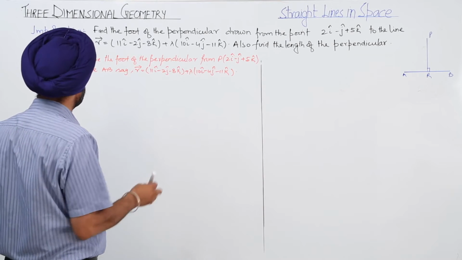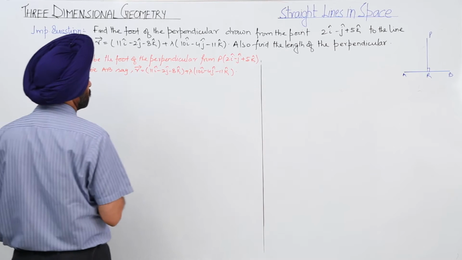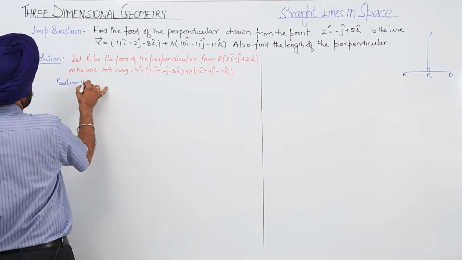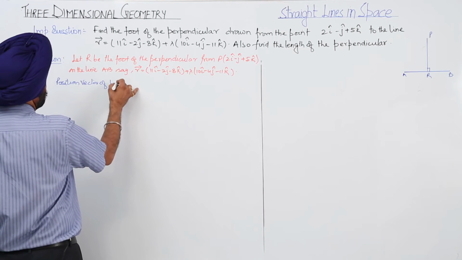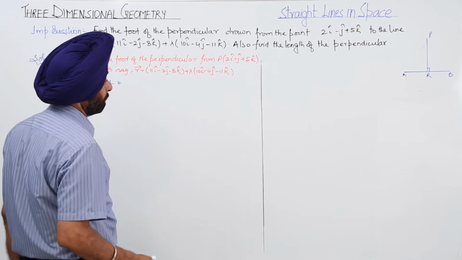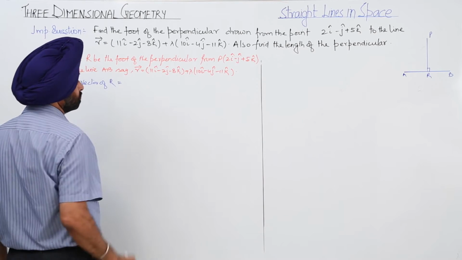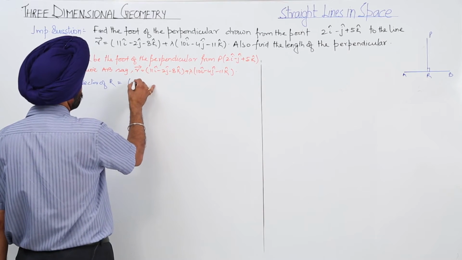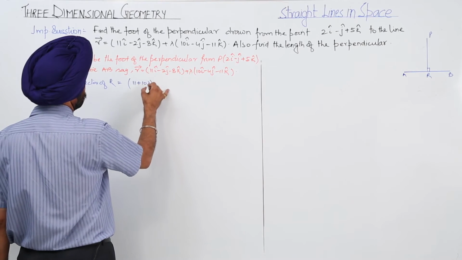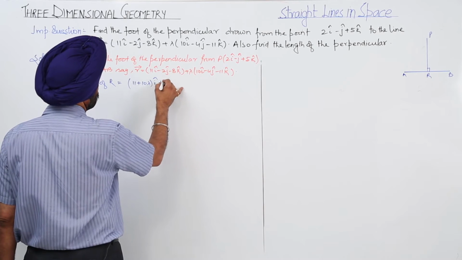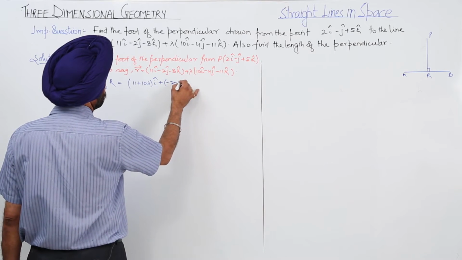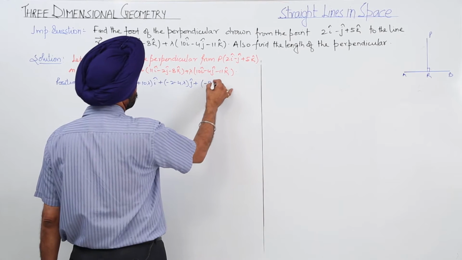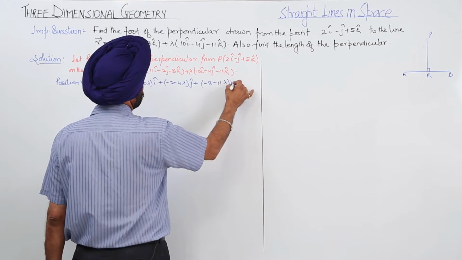Now the position vector of R is equal to, from this point, we are having 11 plus 10 lambda with i cap plus minus 2 minus 4 lambda with j cap plus minus 8 minus 11 lambda with k cap.